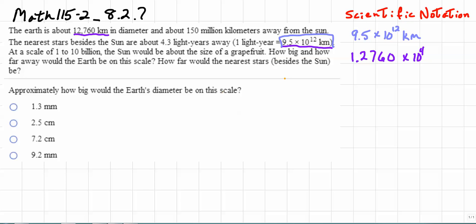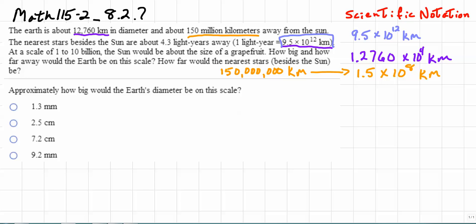So we write out 150 million, and then we convert that into scientific notation, which is 1.5 times 10 to the 8th power. Now remember that these are all in terms of kilometers, and I need to put down kilometers for the Earth.